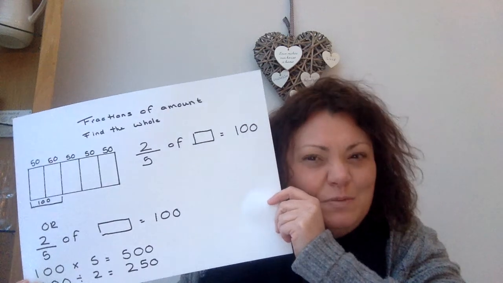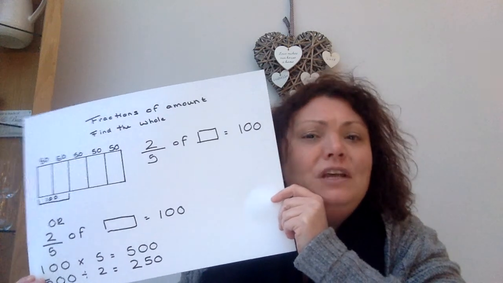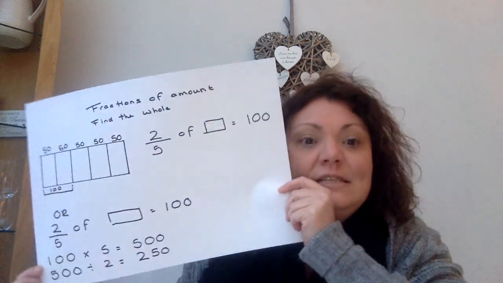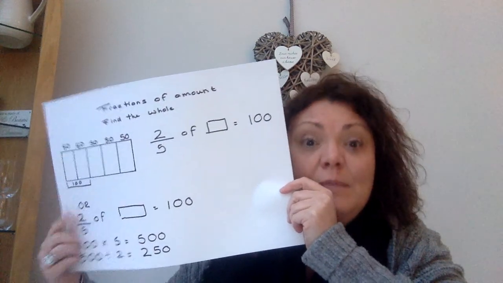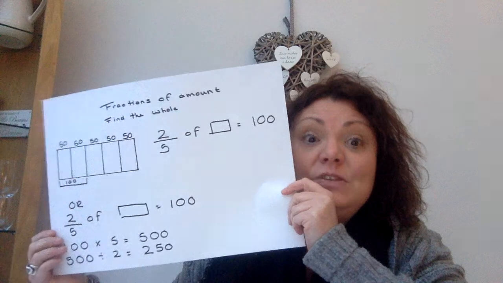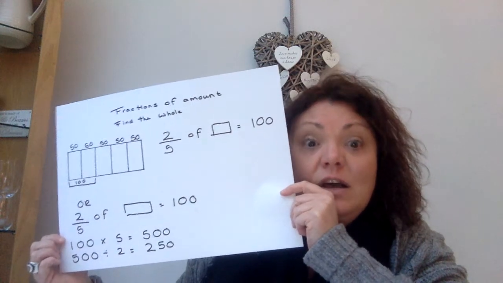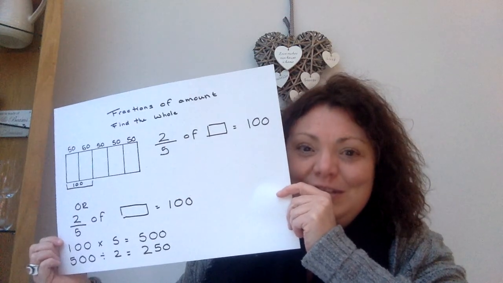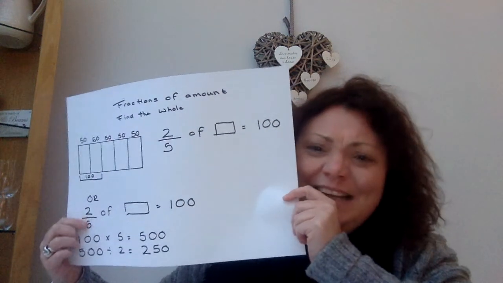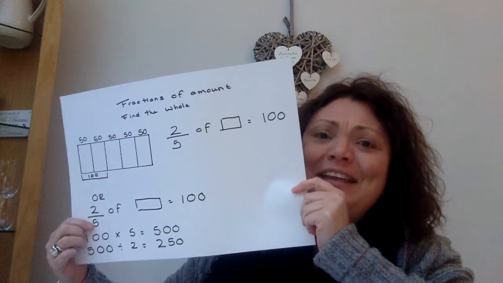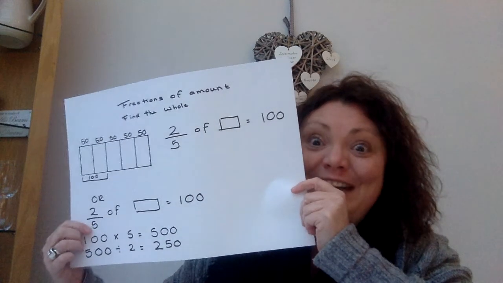Though sometimes the numbers do get quite large, but I'll show you another example of that in a minute. So you would say, you times the denominator by the 100. So you'd say 5 times 100, which is 500. Then you'd divide 500 by 2. So we're doing the inverse of the fraction, really.